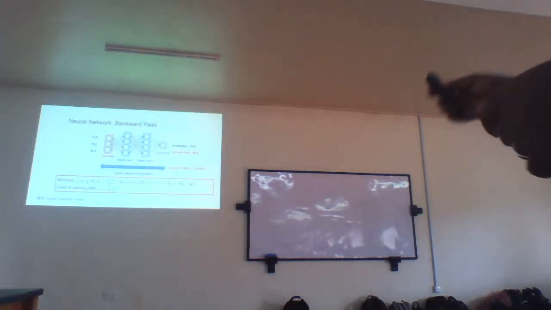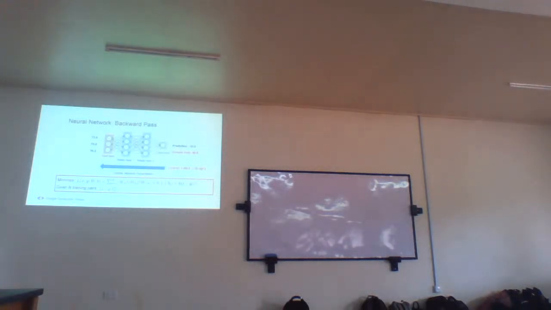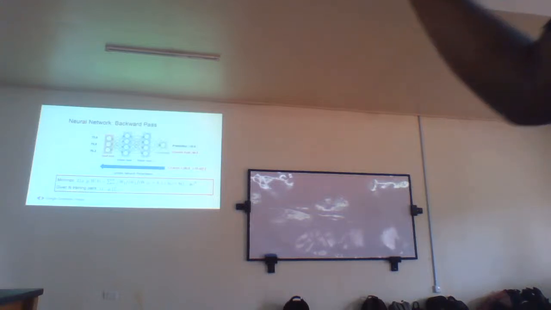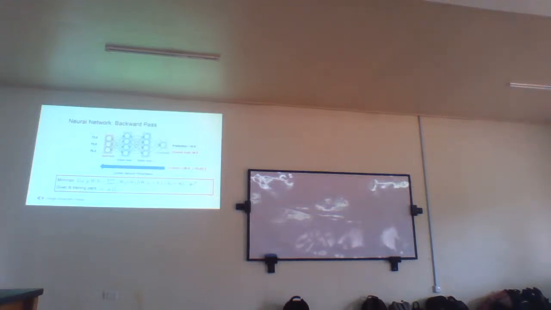The loss error is the ground truth minus what the model has given us. By the moment we say minus what it has given us, we are cancelling out the negative. And then we raise the difference to the power of 2.